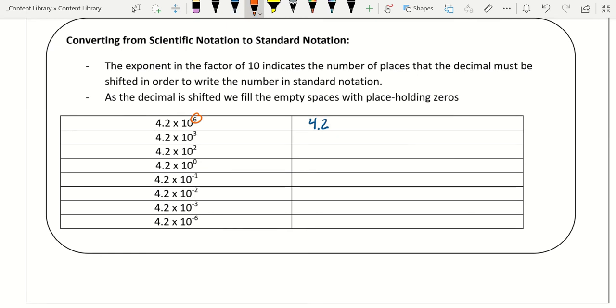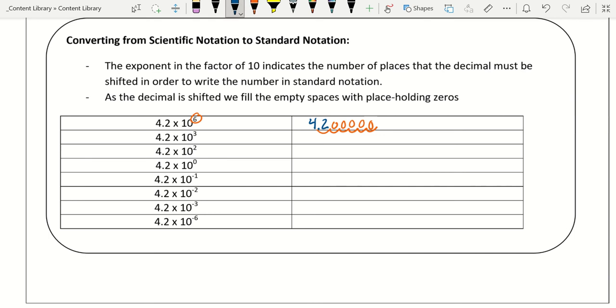And let's shift that decimal over how many times? Well, 6 times. 1, 2, 3, 4, 5, 6. And so what we'll do is add some zeros. 1, 2, 3, 4, 5. So we've shifted over the decimal 6 times, add 5 zeros, and we end up with 4,200,000.